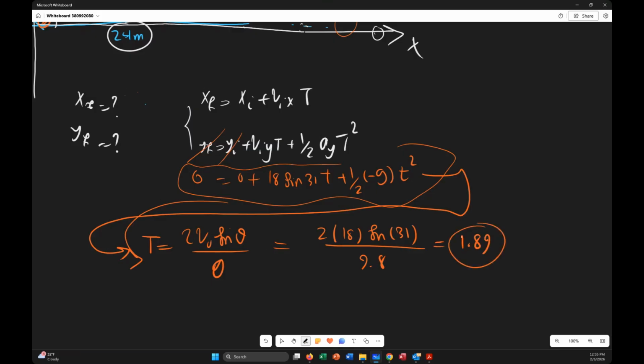How did this time help me? This time helped me to find the final position, to see that it's before 24 meters or after 24 meters. Yes. What is the final position here? XF is gonna be, what is the X for initial? 0 plus. What is the VIX? 18 cosine 31 times.